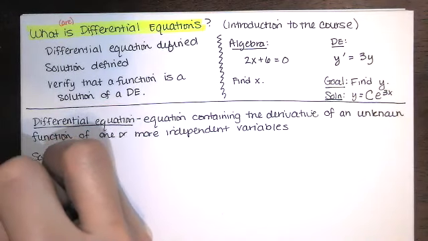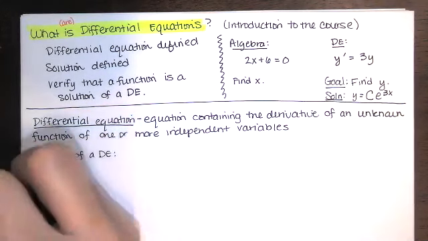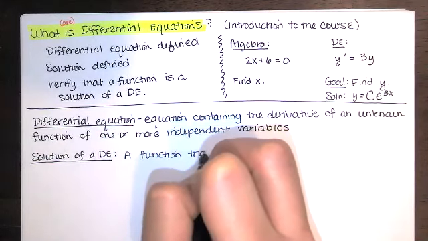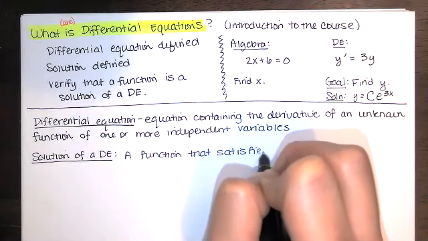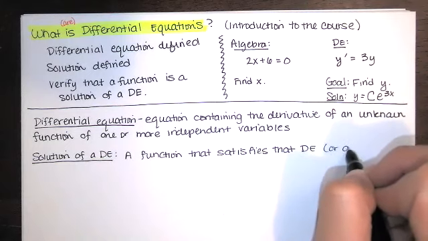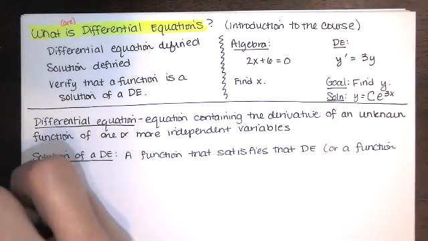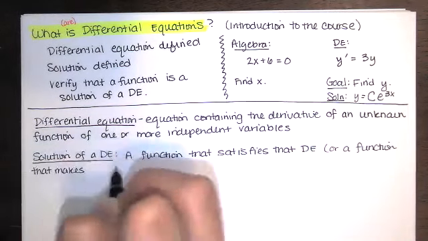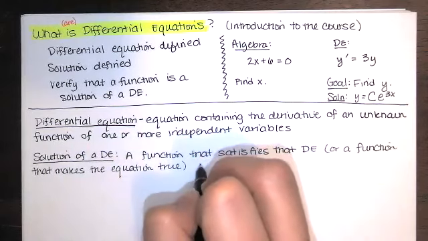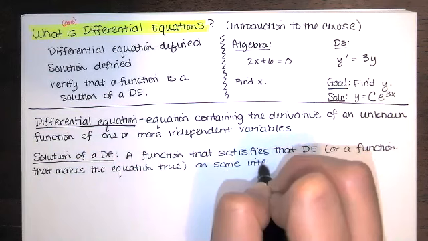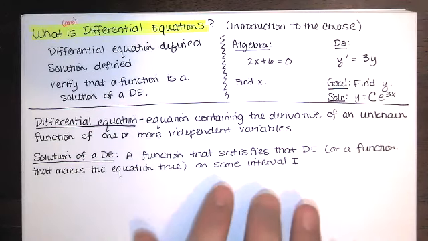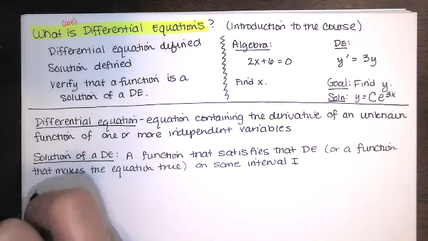So let's write that down. We'll say a solution is a function that satisfies the differential equation, or a function that makes the equation true, on some interval I. And the largest interval I where that function satisfies the differential equation is called the maximal interval of existence.